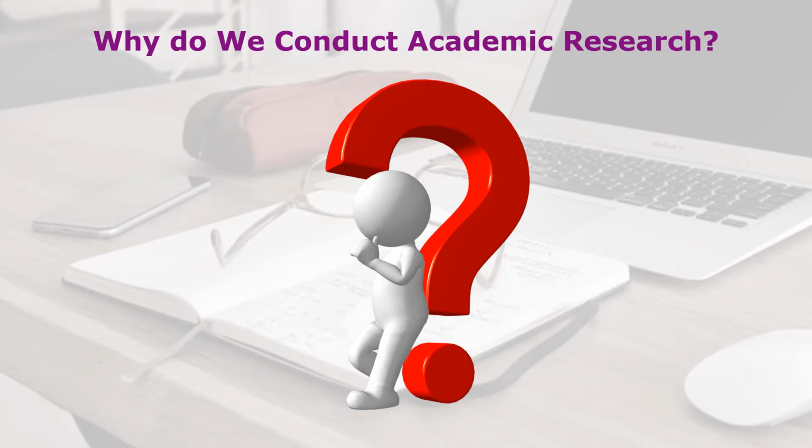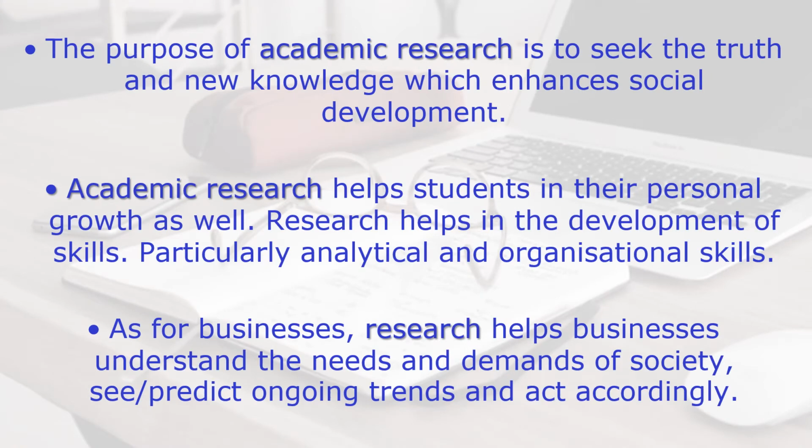Okay, I think we need to start by asking ourselves, why do we conduct academic research? The purpose of academic research is to seek the truth and new knowledge which enhances social development. So we want to know the truth about something.